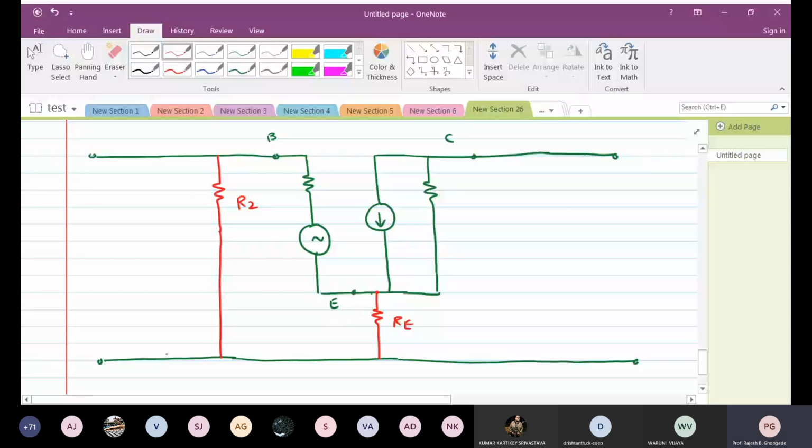This is going to be HIE, again HRE, VCE, HFE, IB. This is going to be IB. This is going to be IC. Again, this is going to be your RC. This is 1 by HOE.